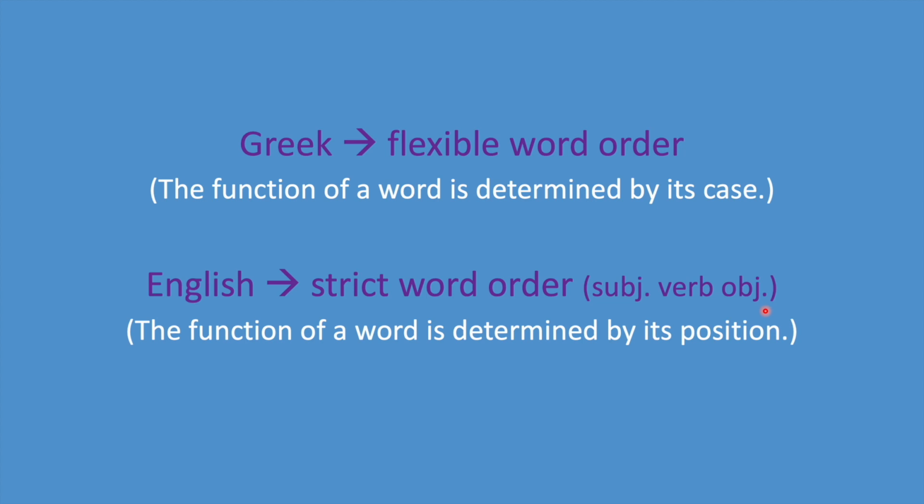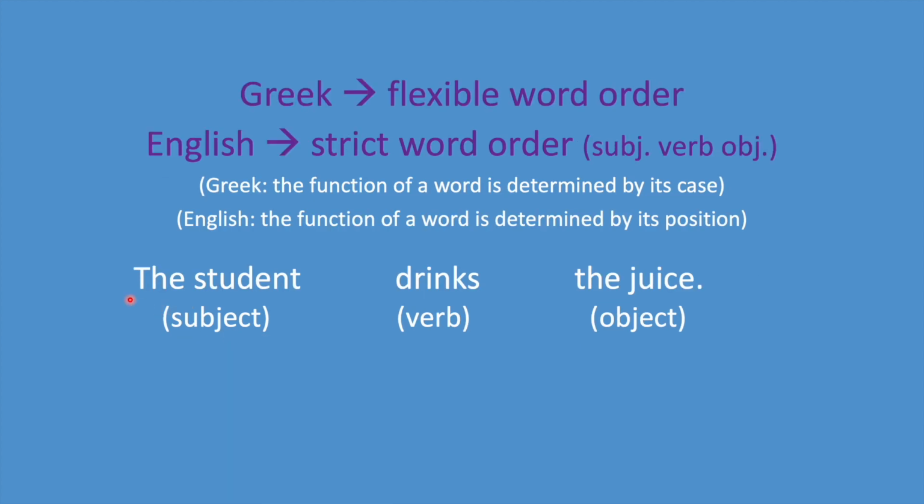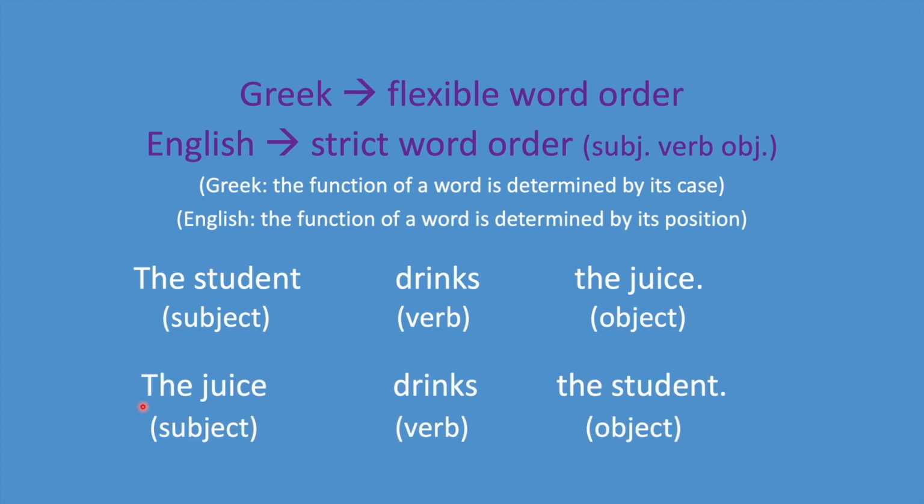For example, the student drinks the juice. The student is the subject, drinks is the verb, the juice is the object. If we switch the position of the subject and the object, the meaning will change. Now the juice becomes the subject and the student becomes the object.